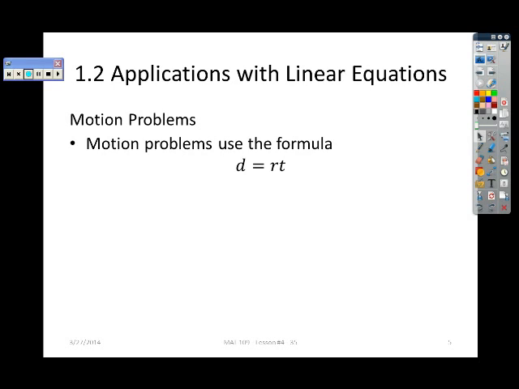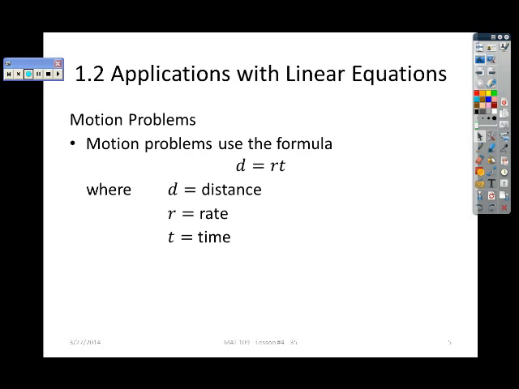If you have only one object and that object is moving, it's a very simple process. The process to solve a problem with one object is to take the values you're given and plug them in here and get an answer. The problem will need to give you two of those three values.